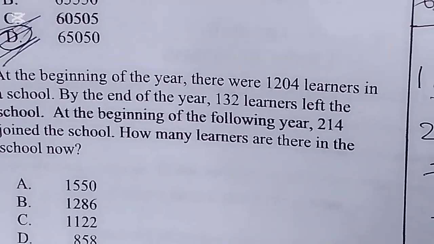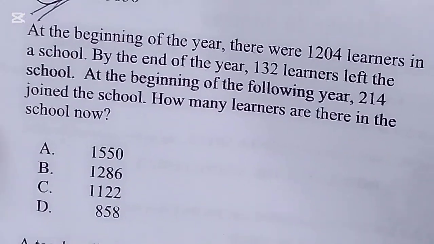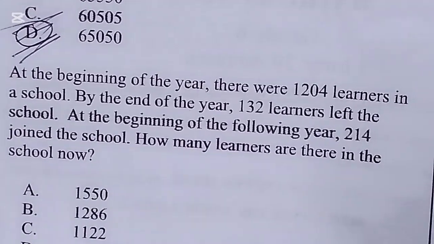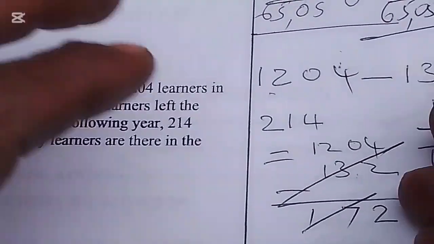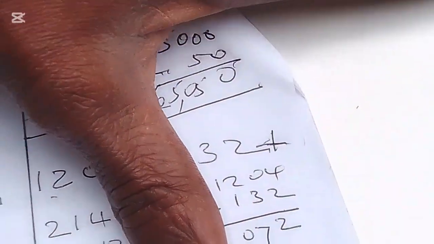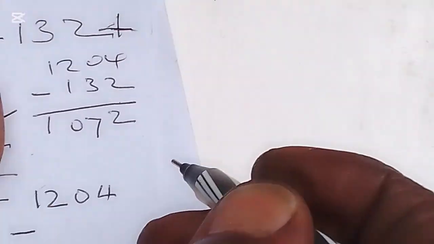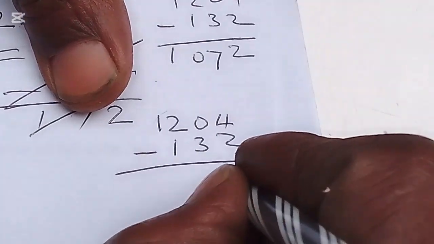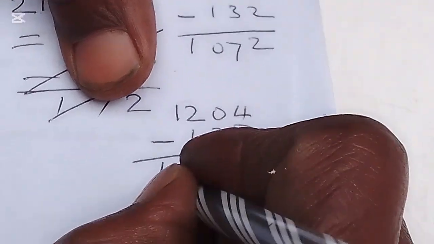Number 2, at the beginning of the year, there were 1,204 learners in a school. By the end of the year, 132 learners left the school. At the beginning of the year, 214 joined the school. How many learners are there in the school now? This is now 1,204. You subtract 132, and you get 1,072.